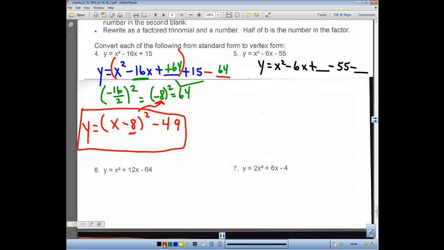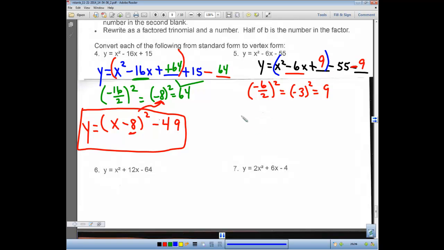Now we take half of b and square it. So half of b squared is negative 3 squared, which is 9. So we add 9 and we subtract 9. Now we have our perfect square trinomial.